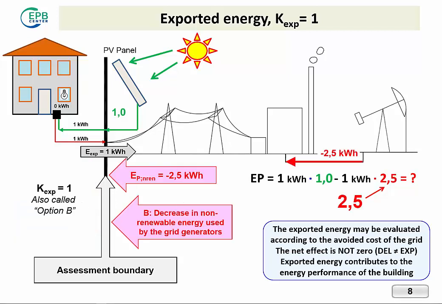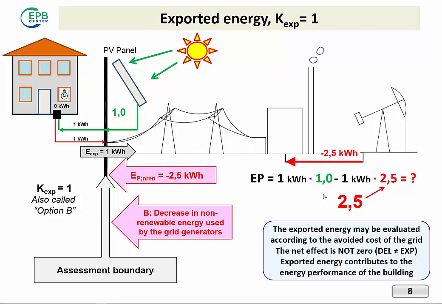A second way of rating the exported electricity is taking into account primary energy avoided by grid generators. That is, when exporting 1 kWh to the grid, we are avoiding the grid using 2.5 kWh non-renewable. So if we calculate the energy performance in this condition, we still have our PV electricity delivered to the building, so 1 kWh times 1 renewable, but then we have to deduct the 1 kWh physical electricity exported to the grid multiplied by the conversion factor, which is now 2.5 non-renewable.